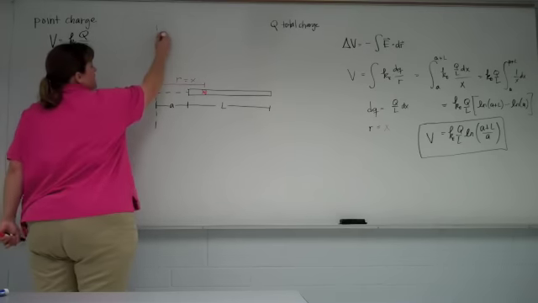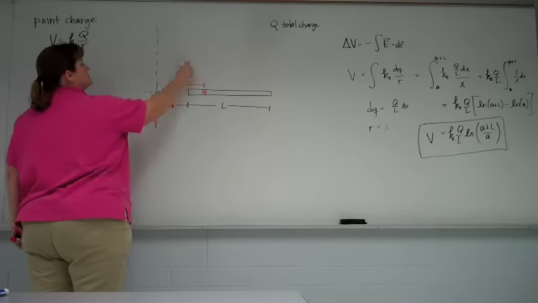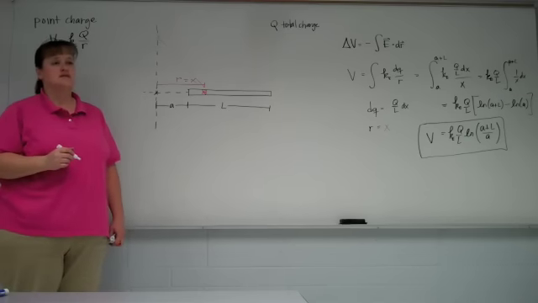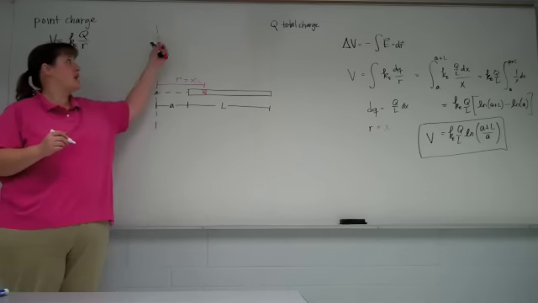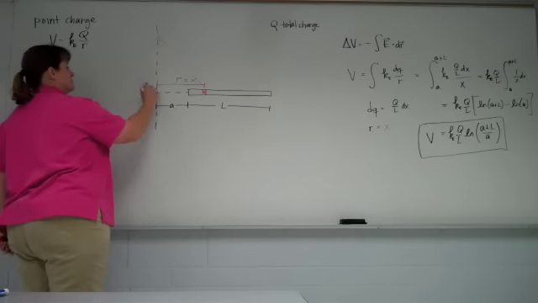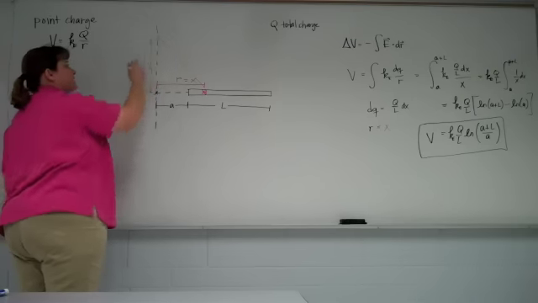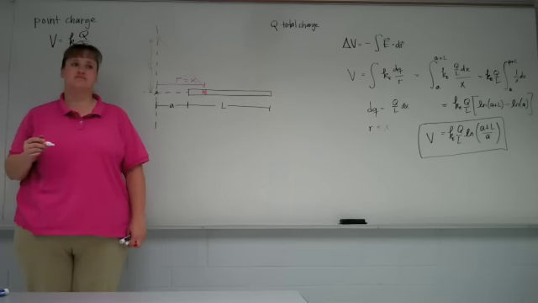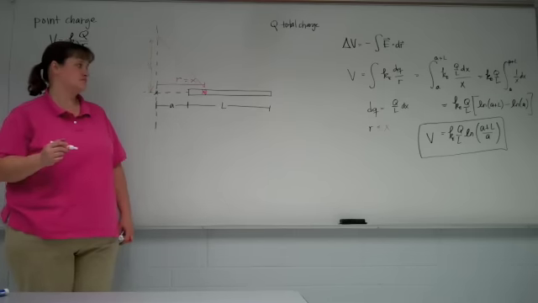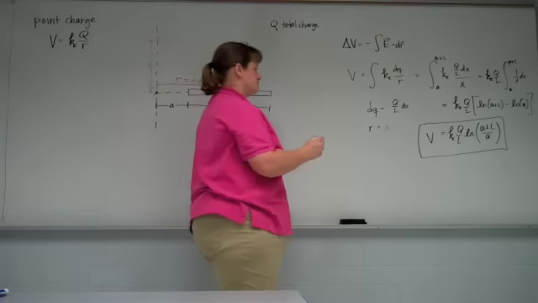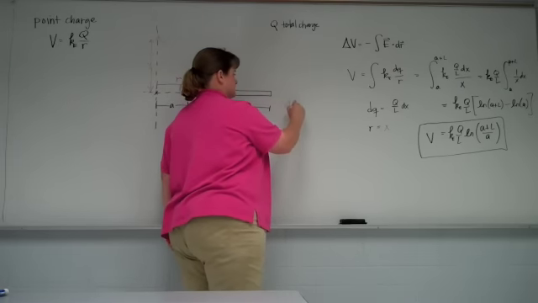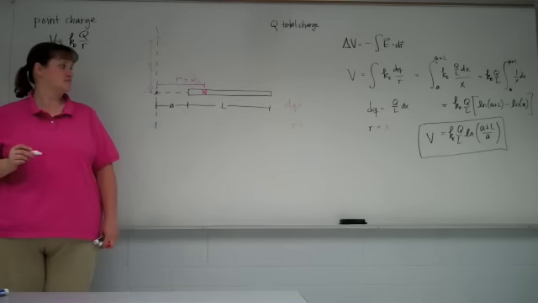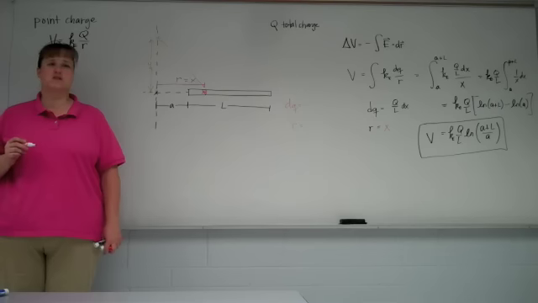What will be different if we wanted to know the potential up here, at a point some distance y? All we need to know is what dq is and what r is.